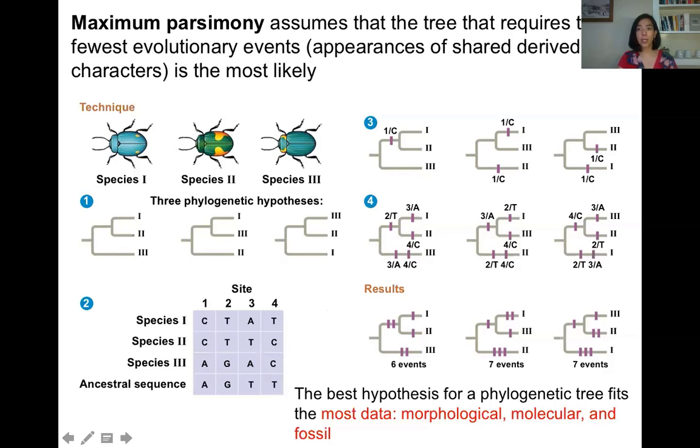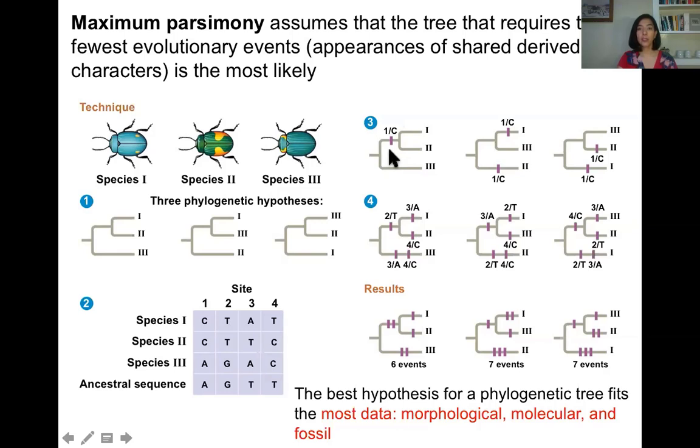We're only going to mark substitutions that evolve after the ancestor. Species 2 and 1 have a cytosine, and we only need to mark 1, because we can understand that if the ancestor of both species 1 and 2 had the mutation, both of these species will have a cytosine. So we mark 1 substitution here.